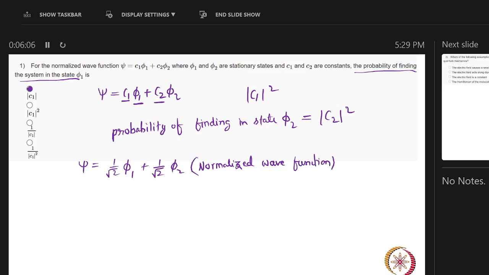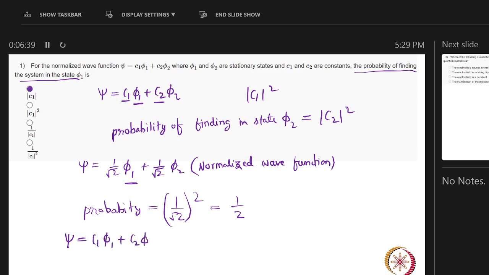If I ask you what is the probability of finding it in state phi 1, how can you calculate that? The probability is the coefficient squared, correct? So 1 by root 2 squared is 1 by 2. Also one thing to be noted here: if you write this function psi equals c1 phi 1 plus c2 phi 2, initially c2 will be 0, correct?